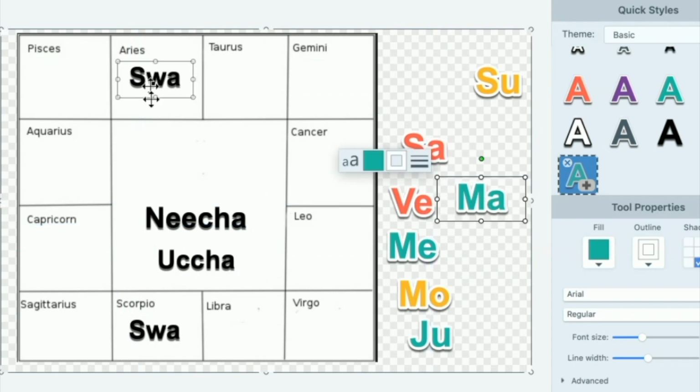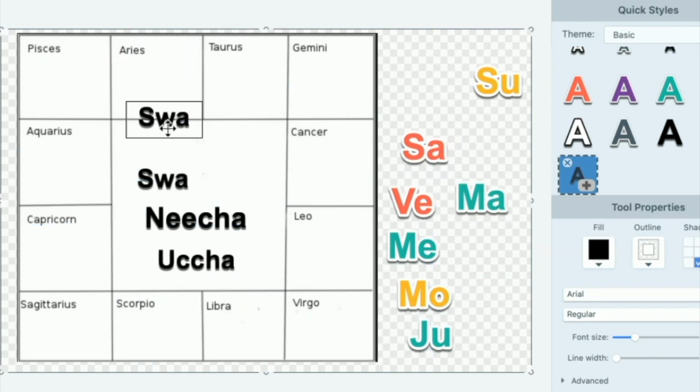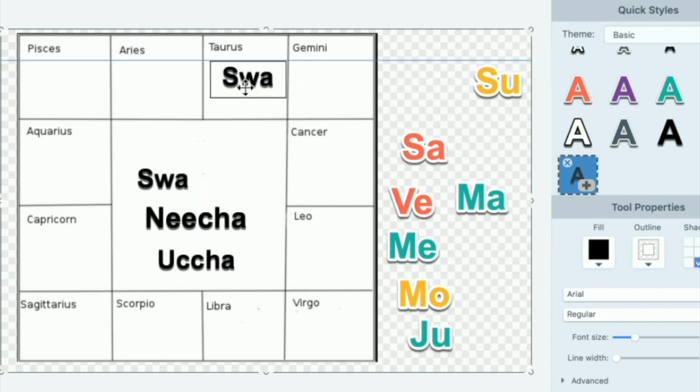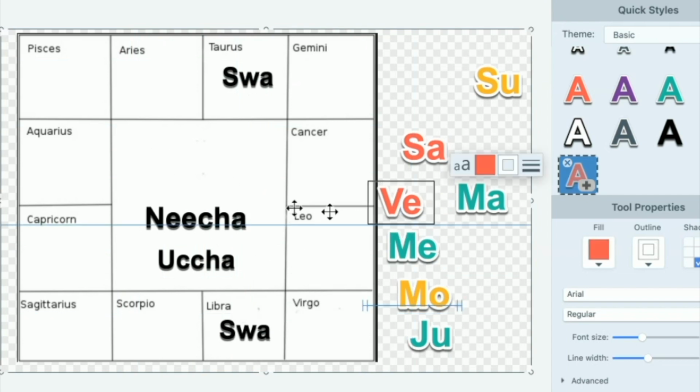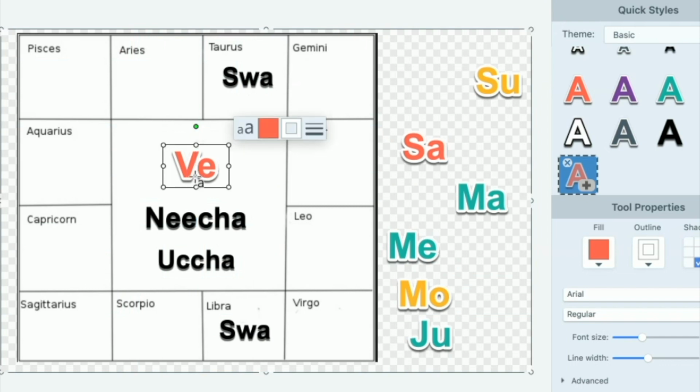What about Venus? What are the Swa Rashis of Venus? Taurus and Libra. Yes. And Jyotsna, where is it debilitated? Venus is about emotions, right?